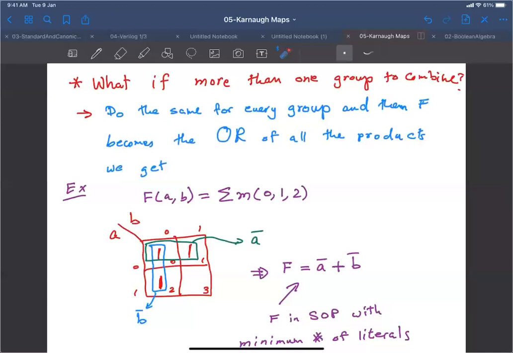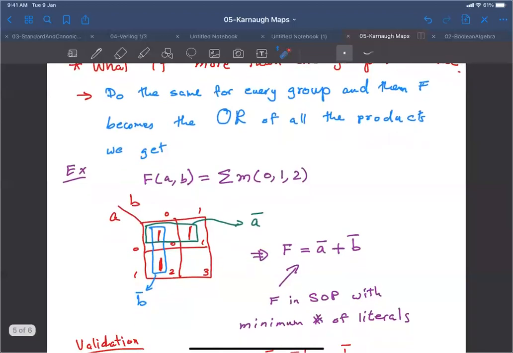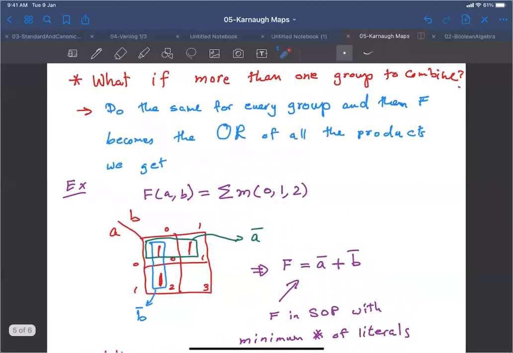Usually we take the largest power of 2 in a rectangular form that we can form. Otherwise, if we don't take the largest, we will not wind up with a minimized function. So here is an example.